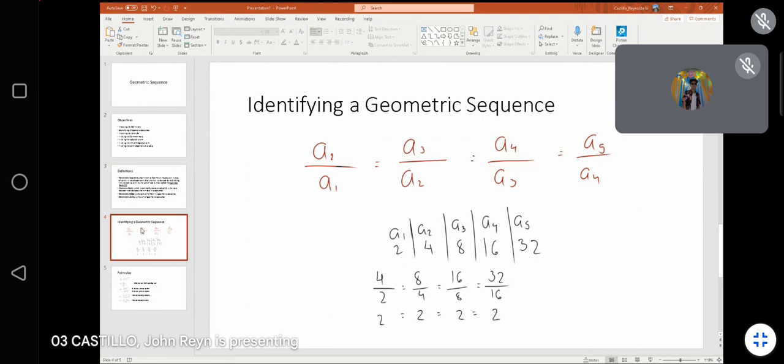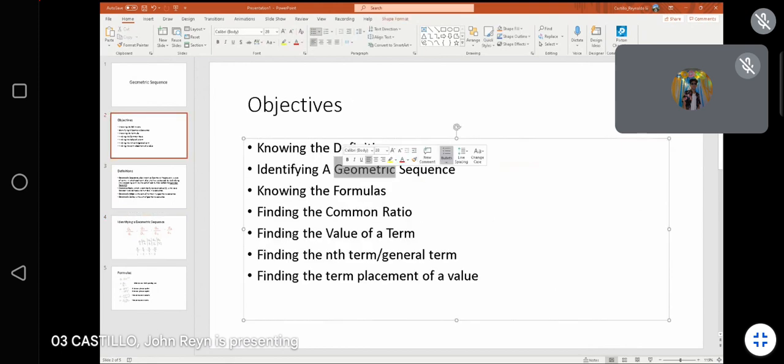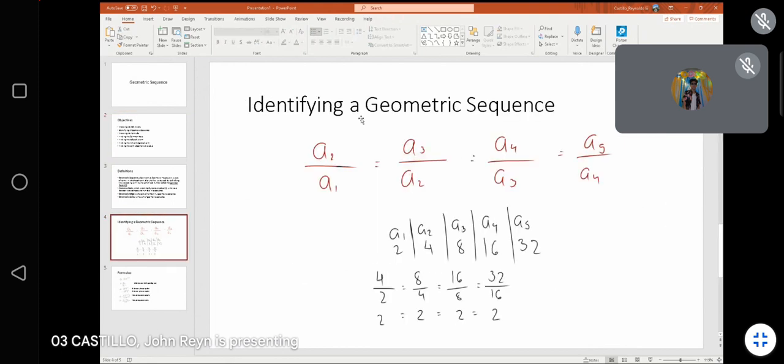Don't worry. Next is identifying a geometric sequence. Identifying a geometric sequence is the same as finding the common ratio. You divide the term by its preceding term to get a ratio.